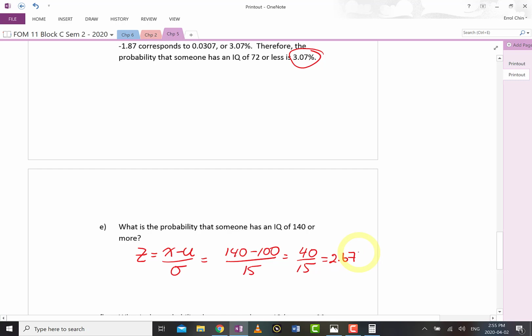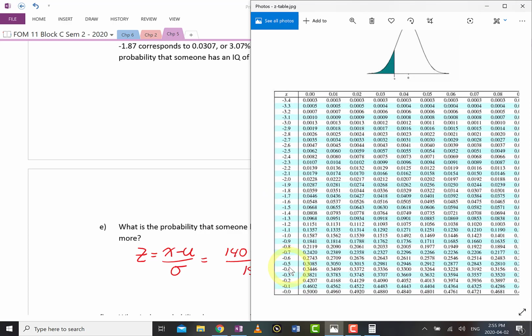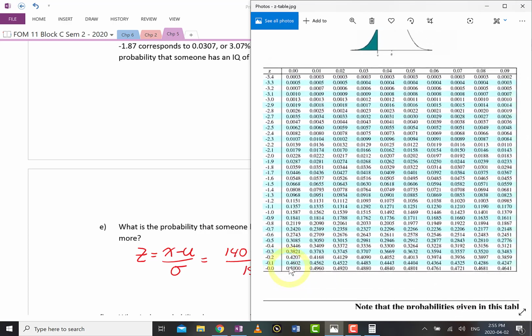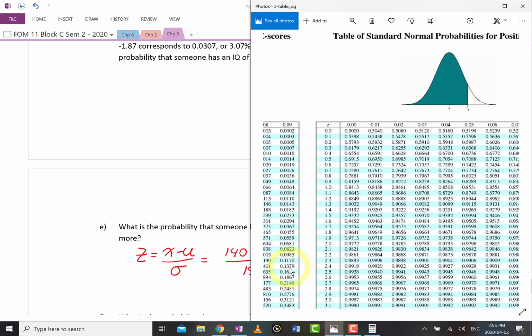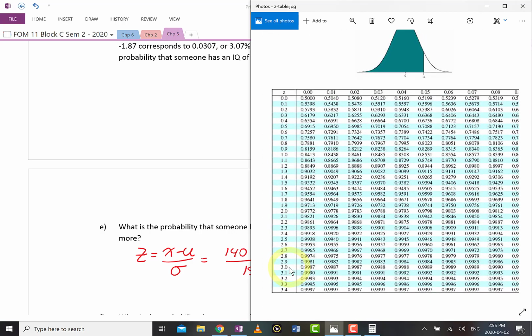So I'm going to go back to my table, 2.67. And so notice that these values are negative z values. What we just calculated was a positive z value, so there must be more. So I'm going to scroll, and there you go. Okay, so where's 2.67? Well, I'm going to go to 2.6 on my vertical column first. 2.1, 2.2, 2.3, 2.4, 2.5, 2.6.